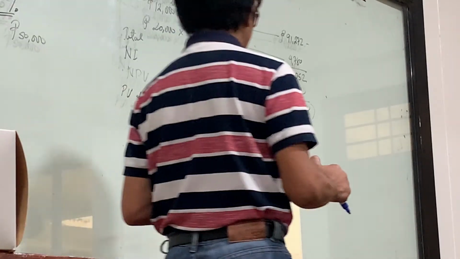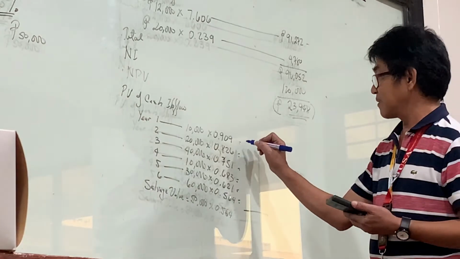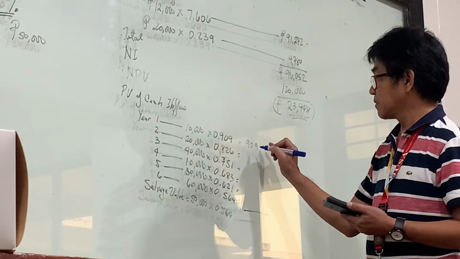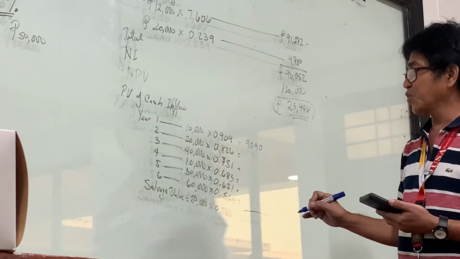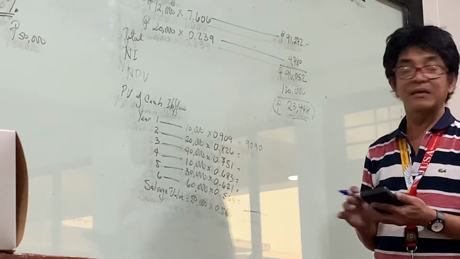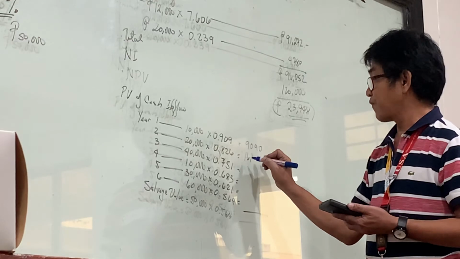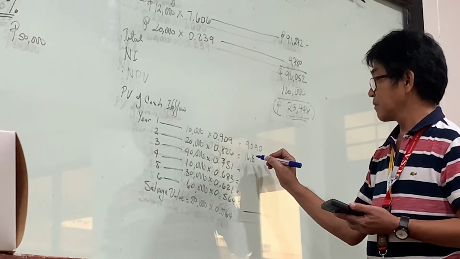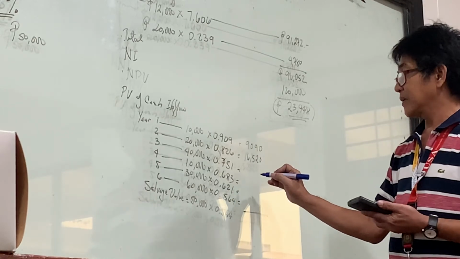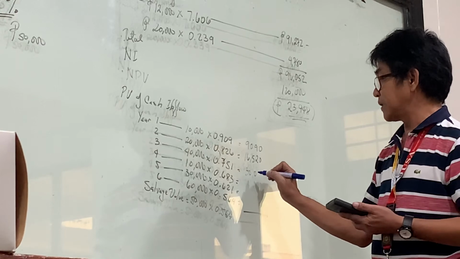Okay, year 1, ilang cash flow? 90. Year 2? 20. Year 3? 40.